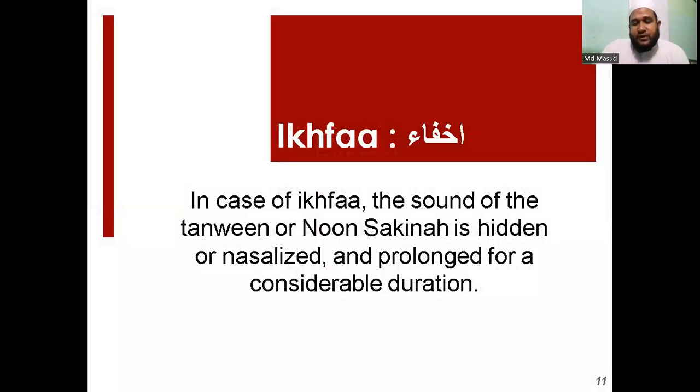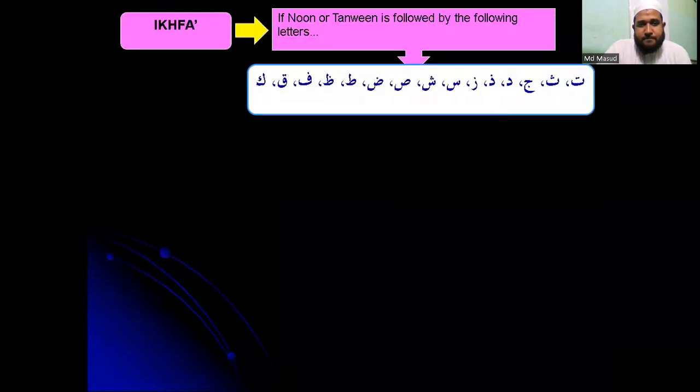So ikhfa is the fourth and last type of Noon Sakin or Tanween rule. When ikhfa takes place, the sound of Tanween or Noon Sakin is hidden or nasalized and prolonged for a considerable duration. So ikhfa has 15 letters.